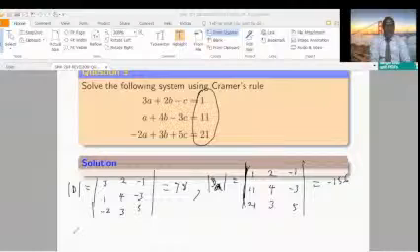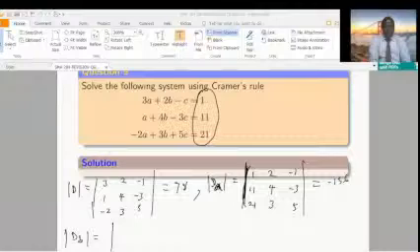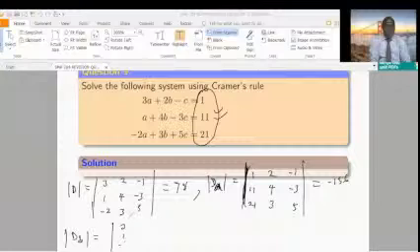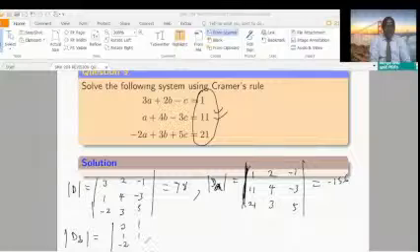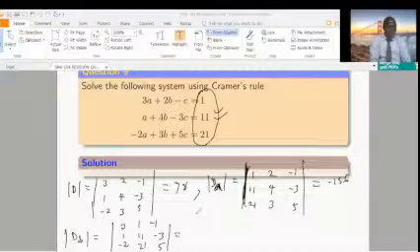Let's find the determinant of dB. So we replace the column of B with this, but the other columns remain over here. So this would be 3, 1, negative 2. This one we are replacing with 1, 11, 21. But this one remains as negative 1, negative 3, 5. When you do this, you get 312.